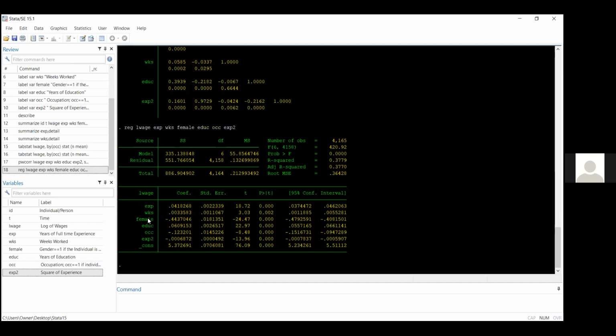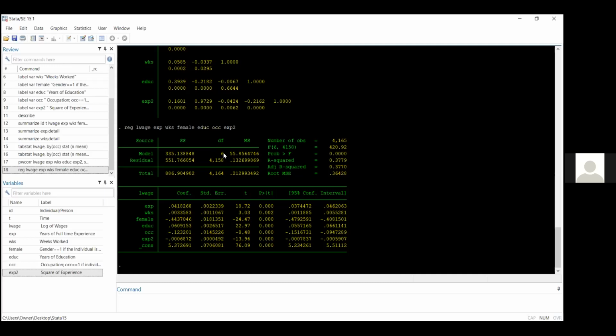Here I have 1, 2, 3, 4, 5, 6 plus a constant, which makes 7. So K minus 1, K is 7, minus 1 as a rule for degrees of freedom, right? That's where we are getting this 6.